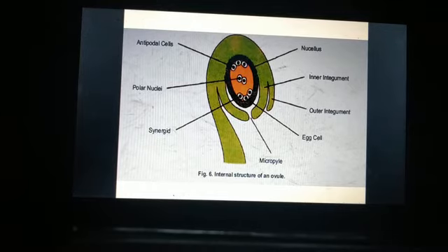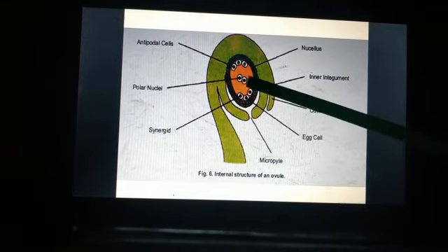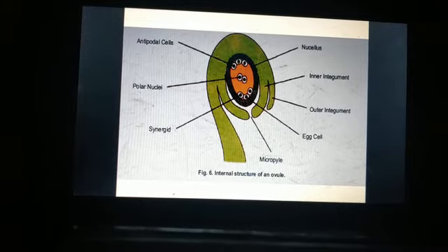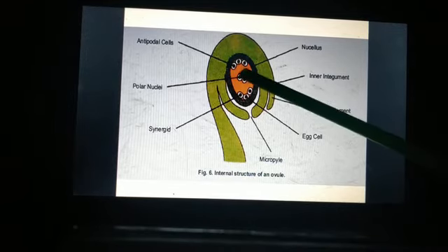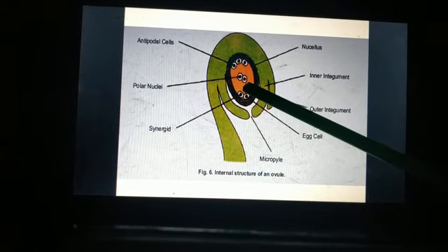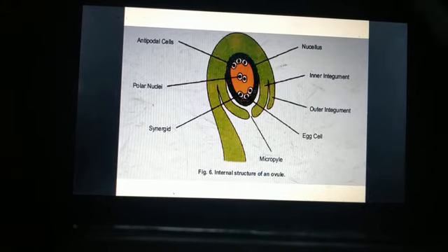So since three nuclei are involved, right? Two polar nuclei and one sperm cell. That is why we call this phenomenon triple fusion.